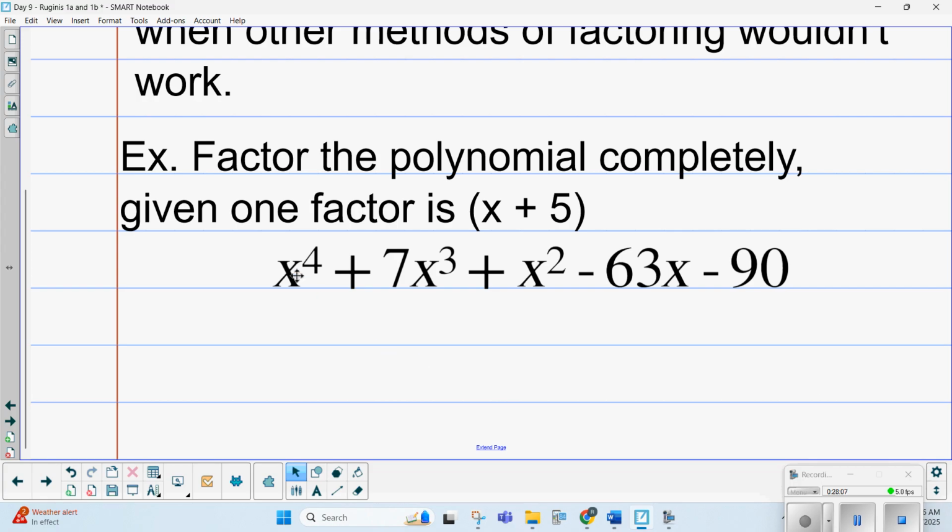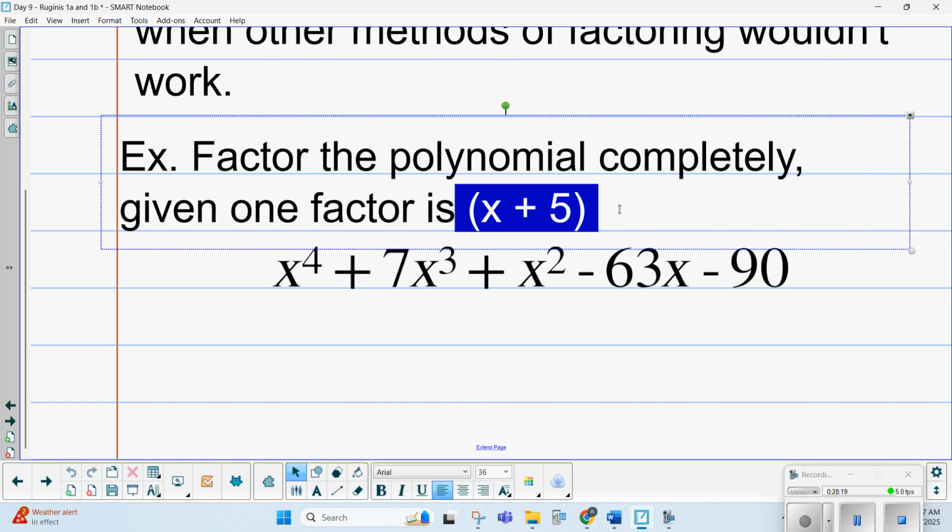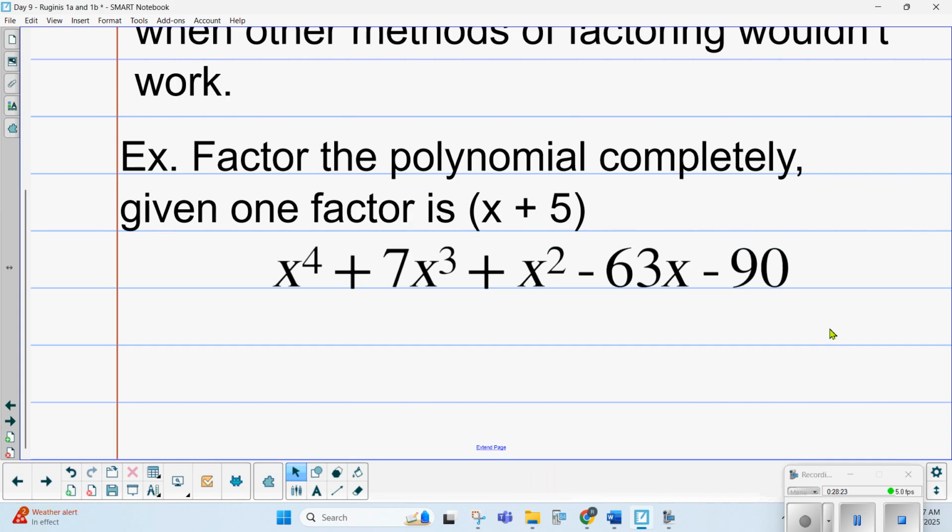If you look at this polynomial, it's 1, 2, 3, 4, 5 terms. We don't have anything for 5 terms. So what that means is I needed to tell you one of the factors. And luckily I did. I told you, hey, one factor is x plus 5. We are going to use that to factor this thing completely.